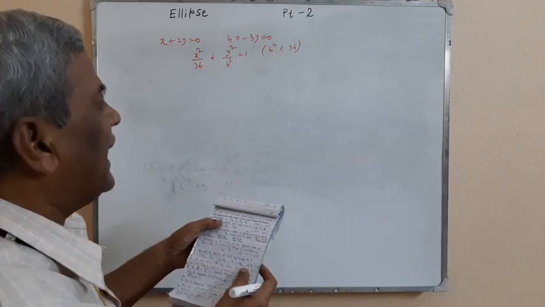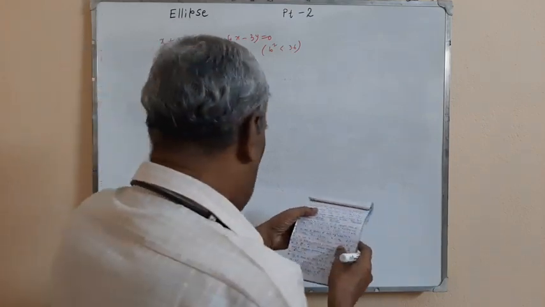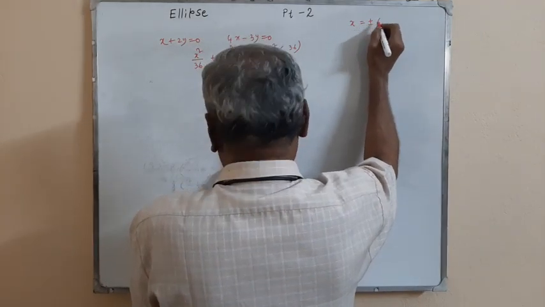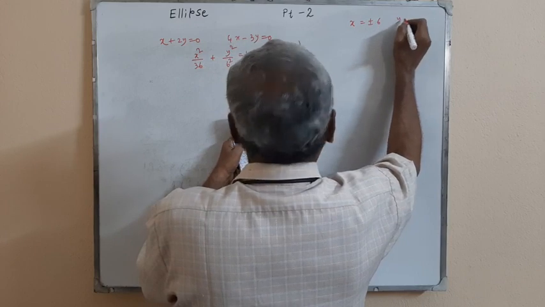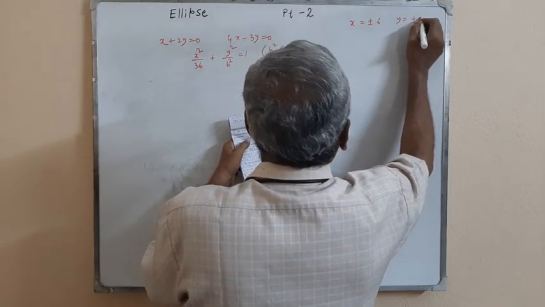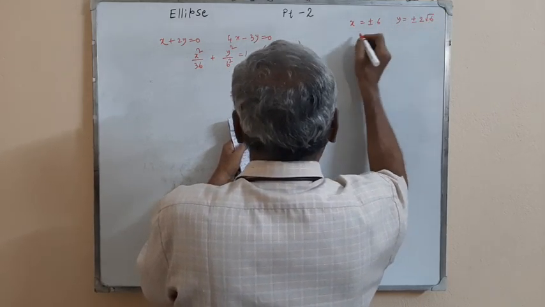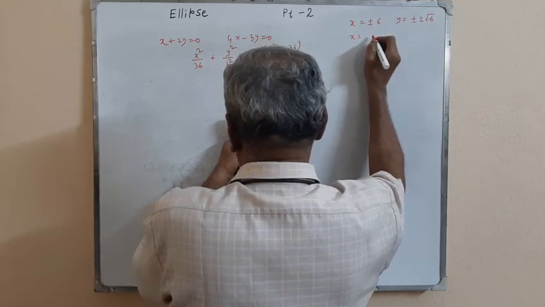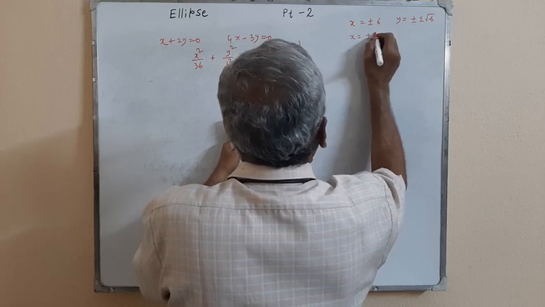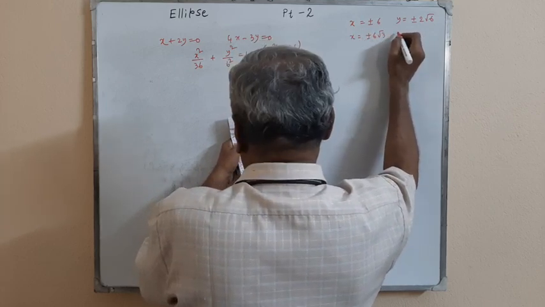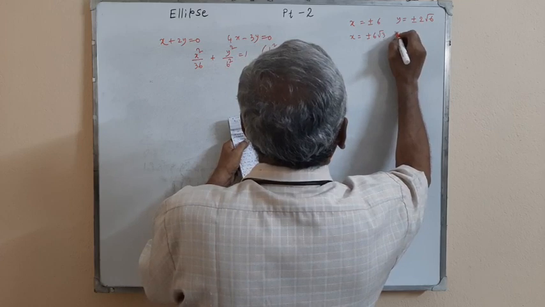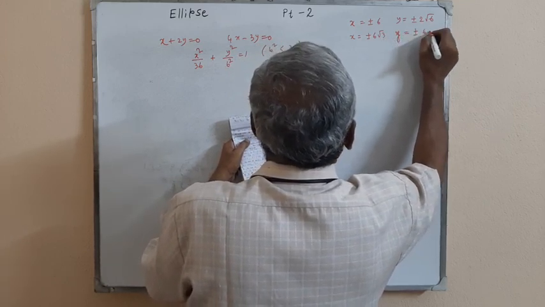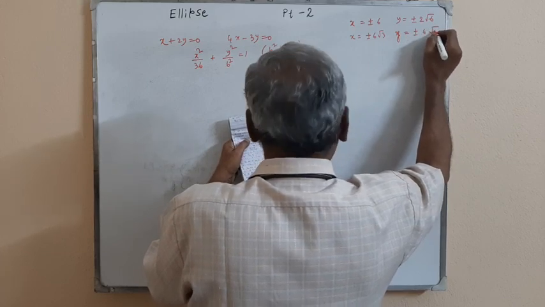Then the equation of directrices. Options: x is equal to plus minus 6, y is equal to plus minus 2 into root 6; then x is equal to plus minus 6 root 3, and y is equal to plus minus 6 root 2.